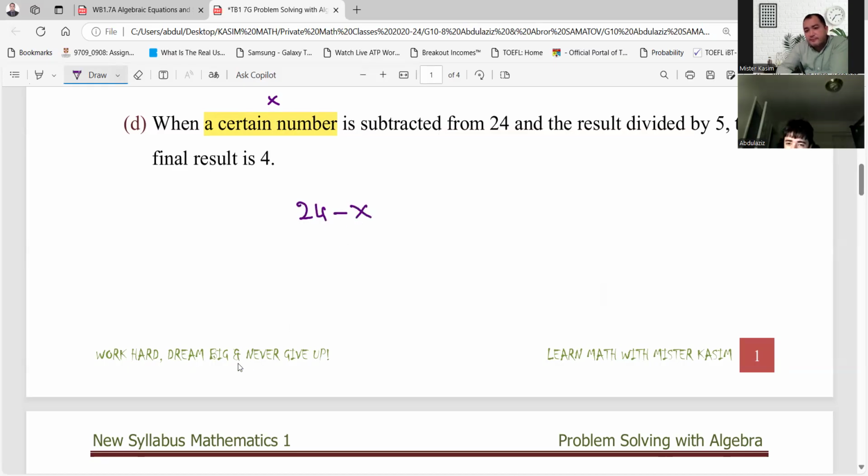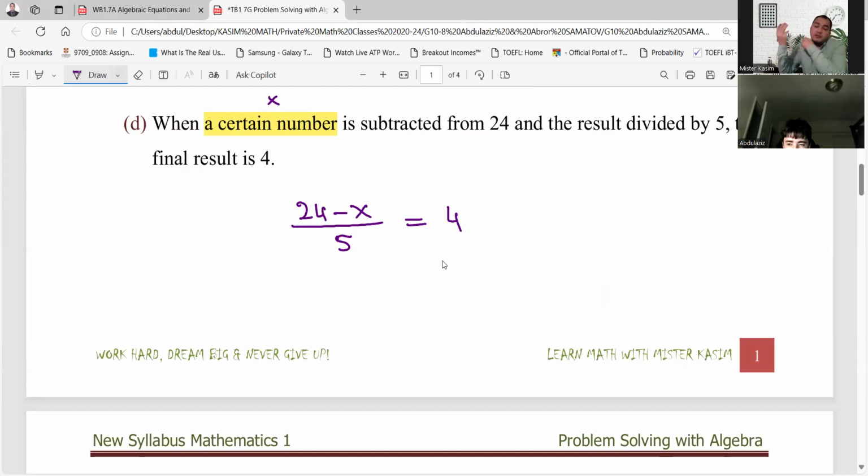And the result is divided by 5, and the final result is 4. If you do not translate these words into equations correctly, then everything will be wrong. That's why you should understand well.